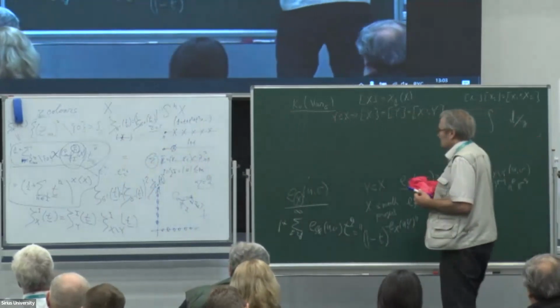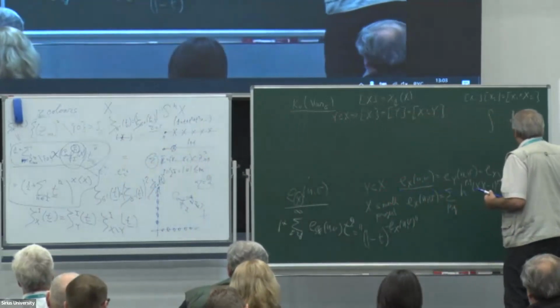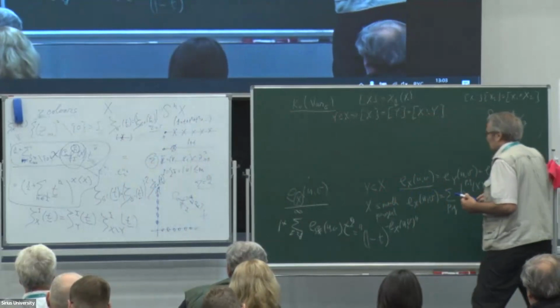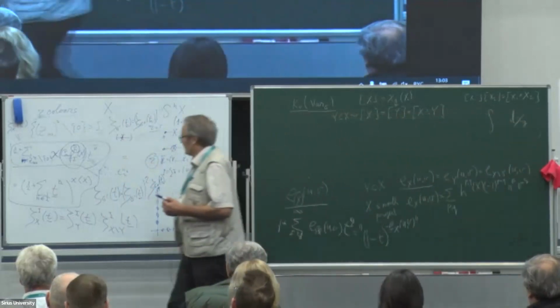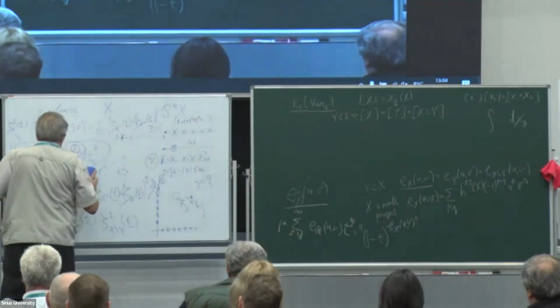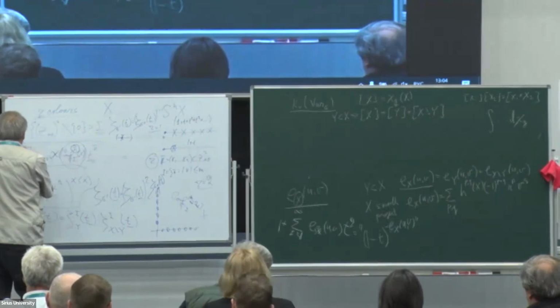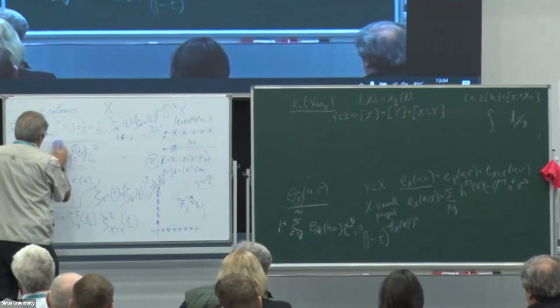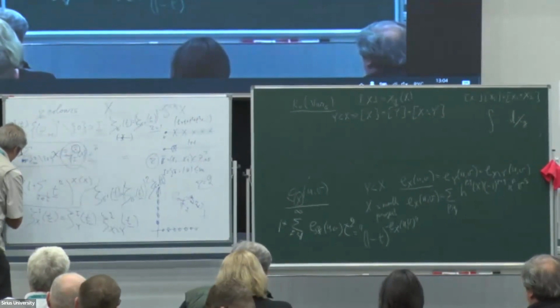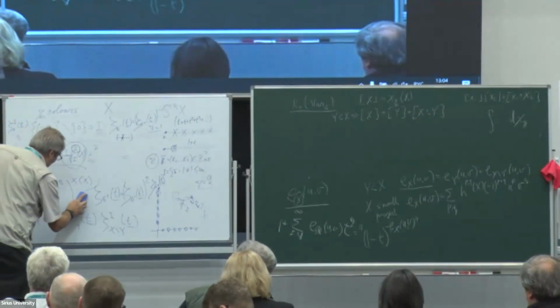Let me benefit from the fact that I can use the eraser. Let us write it like that. I'll write it here, but the meaning of that has to be defined, and I'll do that in some minutes.